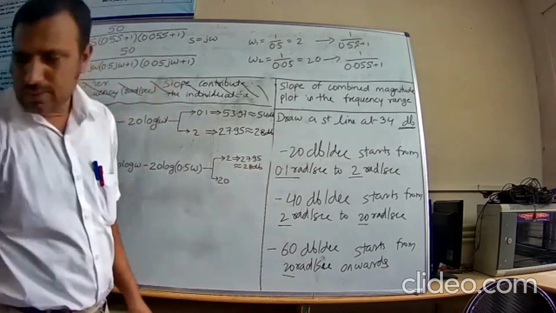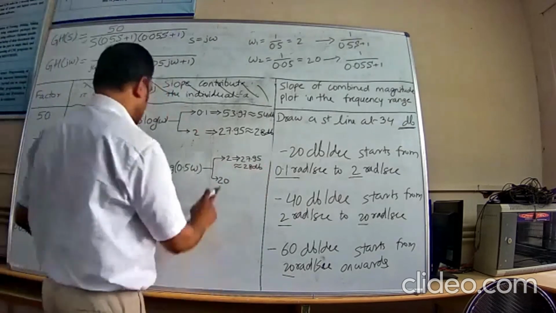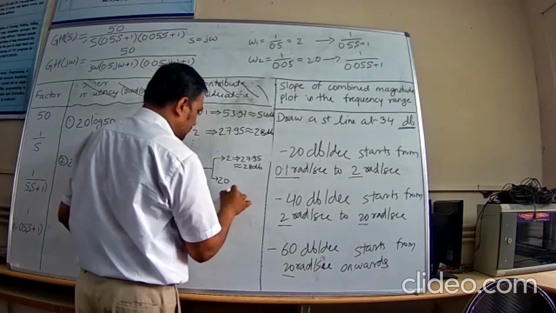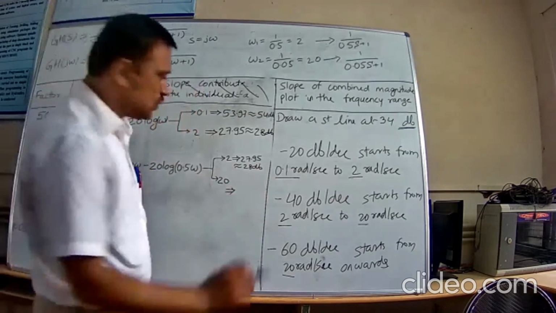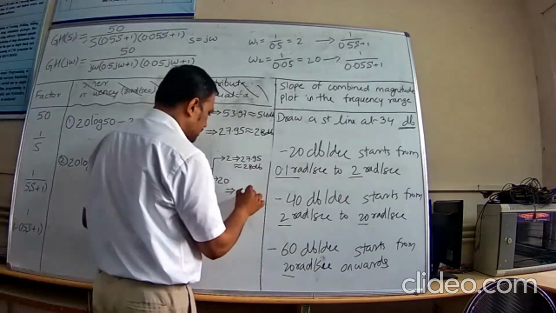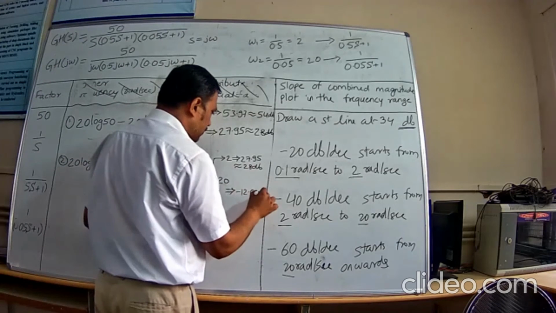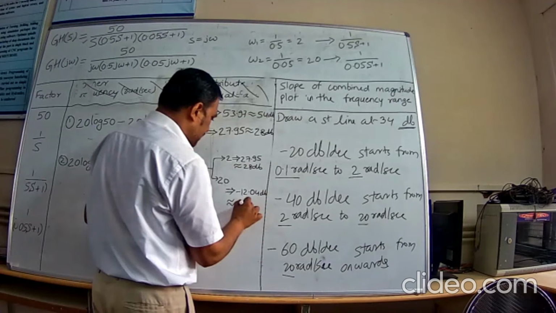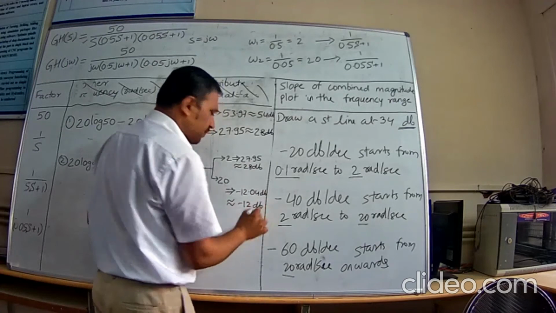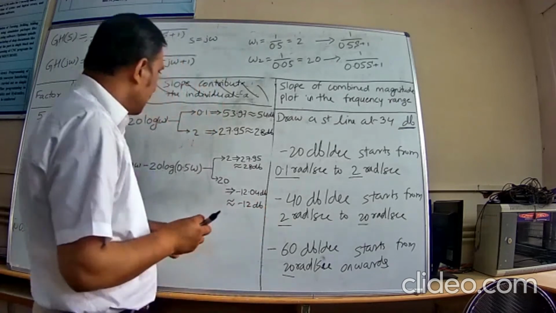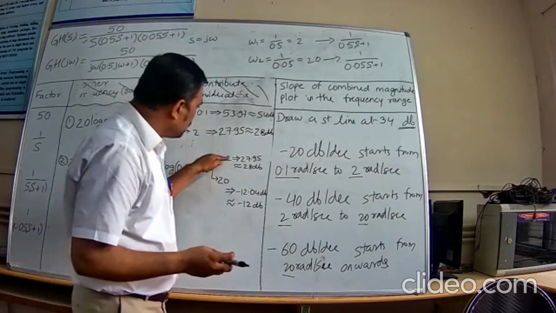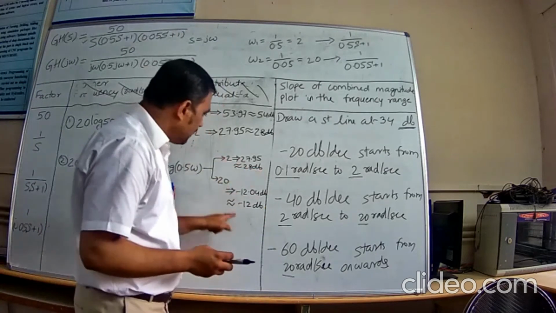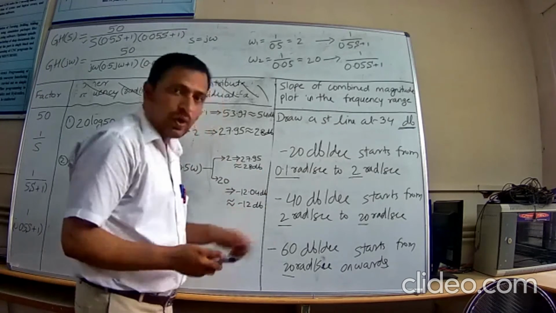Then you substitute omega as 20 and you get minus 12.04 dB, approximately minus 12 dB. Here at 2 your value is 28 dB, and at 20 your value is minus 12.